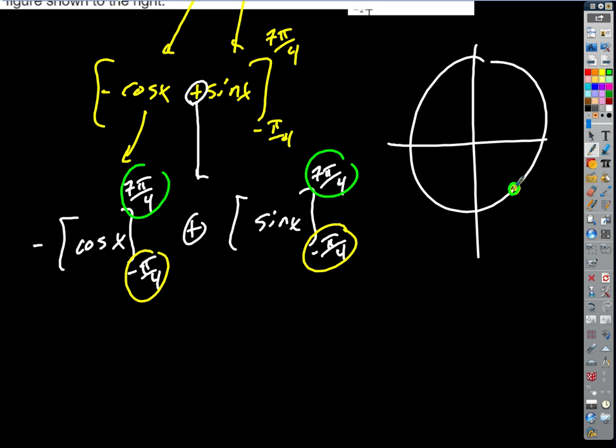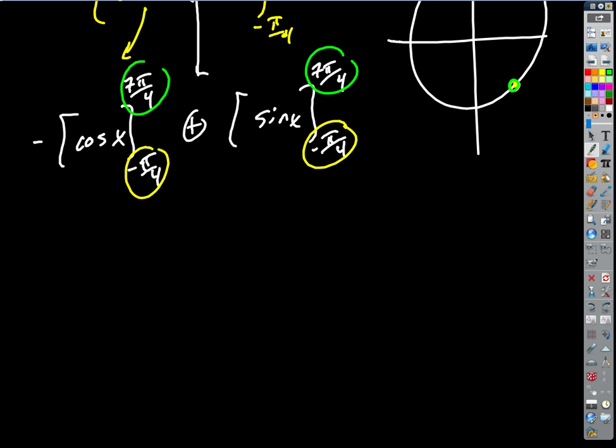And so, what's going to happen then? So I'm going to get negative cosine of 7/4 pi. What is that? What are the coordinates of that spot? Think in terms of quadrant 1.